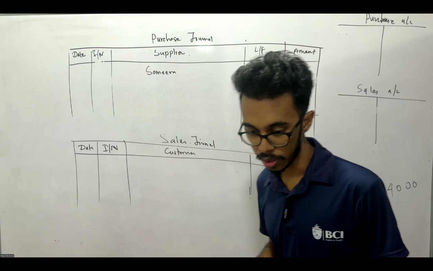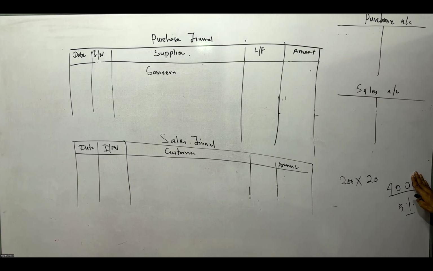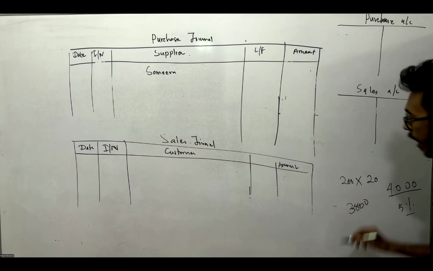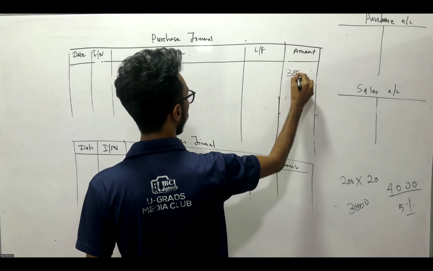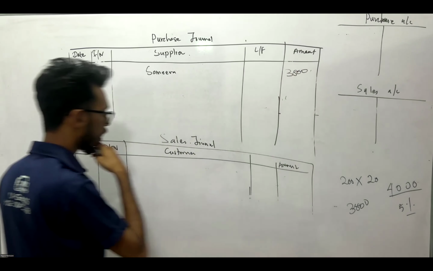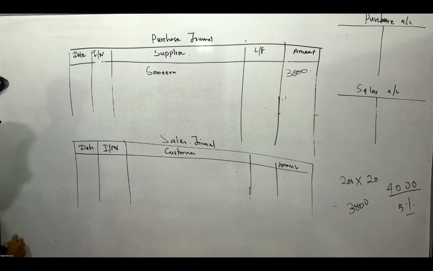Out of this 4,000, you have given a 5% trade discount. 10% of 4,000 is 400, so half of that is 200. That is 200 is the discount. So the value will be 3,800. So for Samira, you write 3,800. And then you prepare an account for Samira.